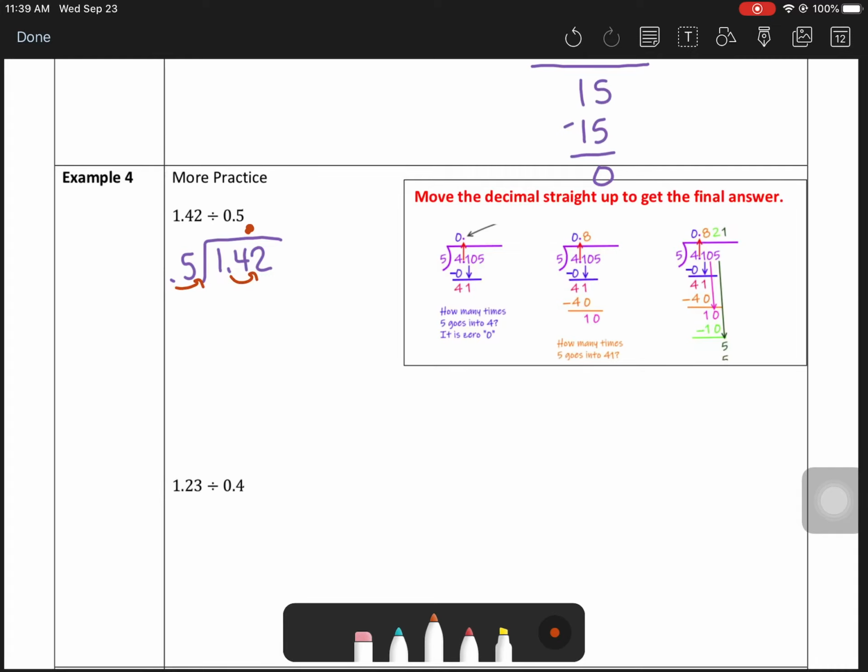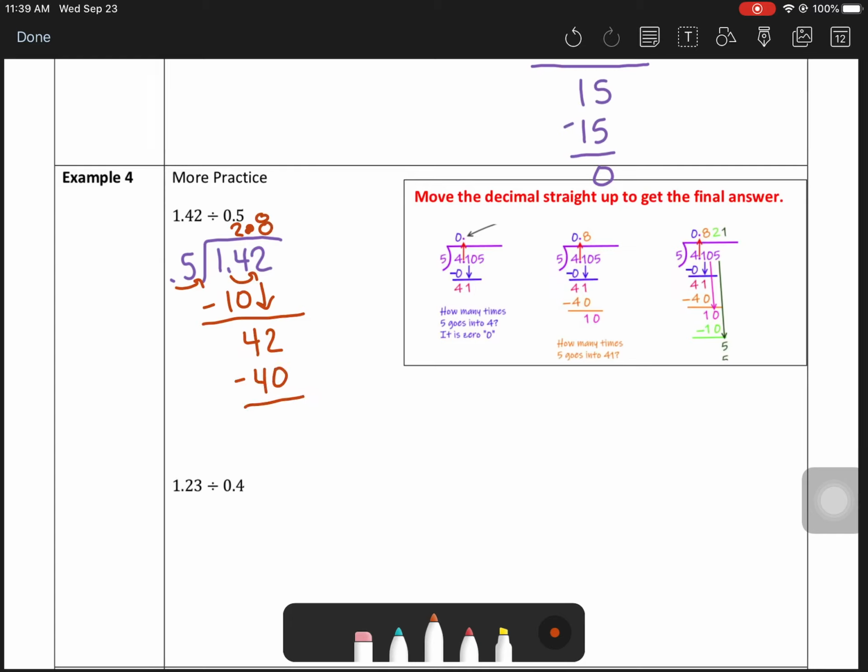So how many 5's can go into 1? None. So we'll move over. How many 5's go into 14? We have 2 5's that go into 14, and 2 times 5 is 10. So we'll subtract, get a 4, and bring down the 2. How many 5's go into 42? 5 times 8 is 40.